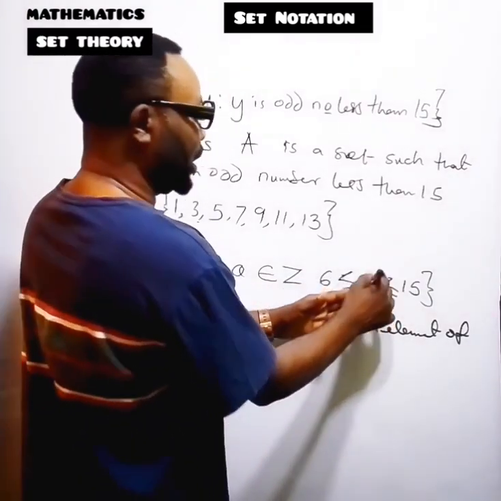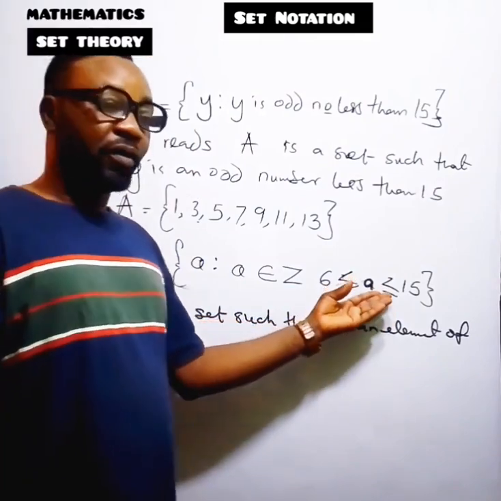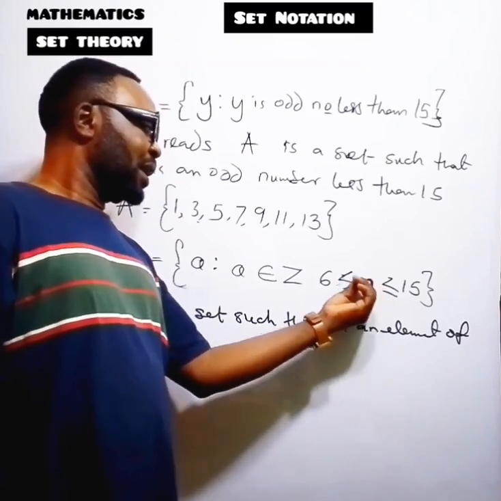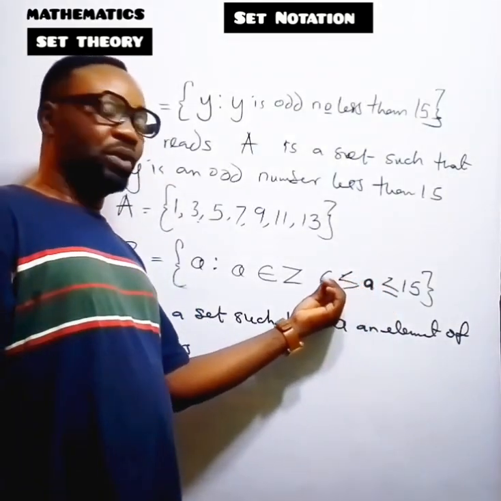You can see now, look at this expression of A here. If you look at it from this angle, what this means for A is that 6 is less than or equal to A, or A is greater than or equal to 6.